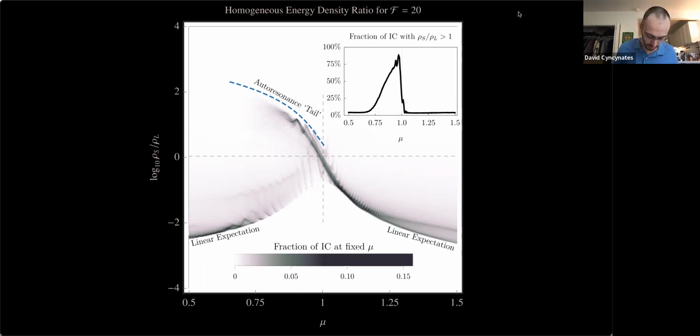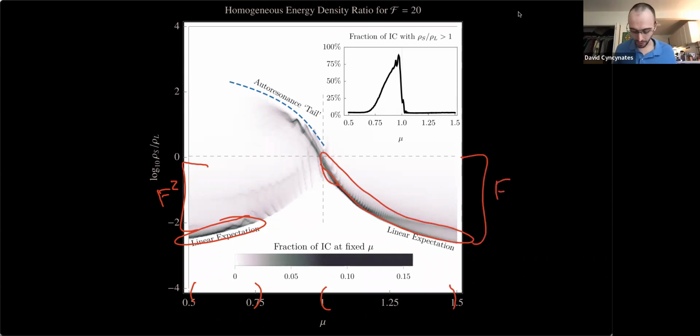So in this range between mu equals 0.5 and 0.75, we see that the long axion dominates by roughly a factor of f squared. Between mu of 1 and 1.5, the long axion again dominates by roughly a factor of f squared. Of course, as you go towards mu equals 1, you get linear resonance, and thus equipartition will occur.